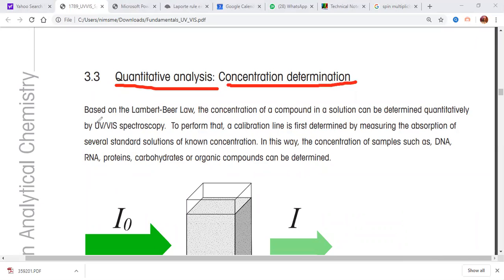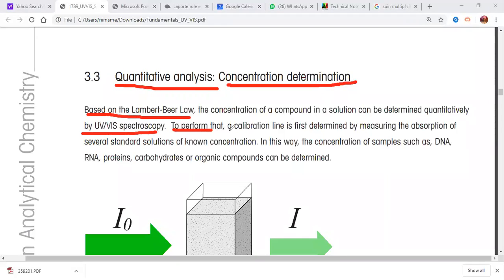As we discussed yesterday, Lambert's law and Beer's law, and if we combine both, it becomes Lambert-Beer's law. Based on Lambert-Beer's law, the concentration of a compound in a solution can be determined quantitatively by UV visible spectroscopy.